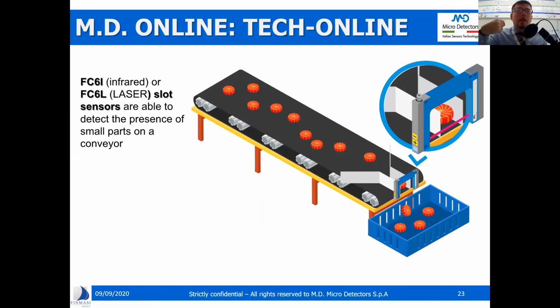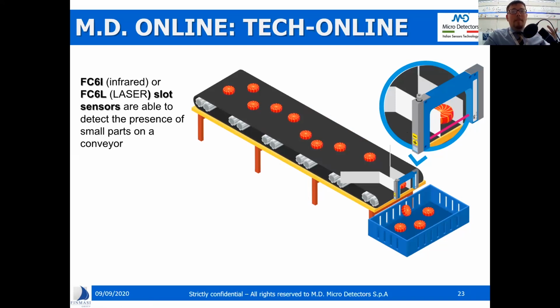In particular, we want to count and detect the passage of these small sweeties, and we can identify them at the end of the line, in this case, thanks to the application of FC6I or FC6L slot sensors, which are able to detect small objects, but also to work with very high speed.